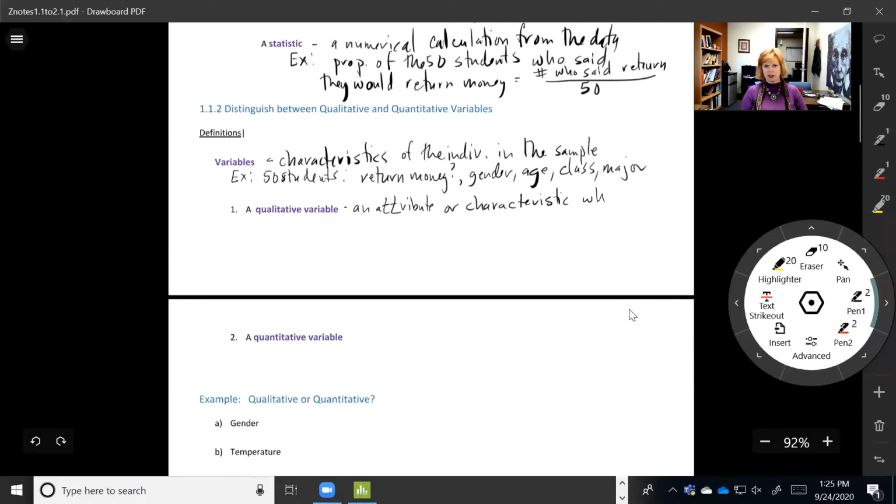But it's one of those that is a classification of the individual. This is also called a categorical variable. So it's equal to a categorical variable.